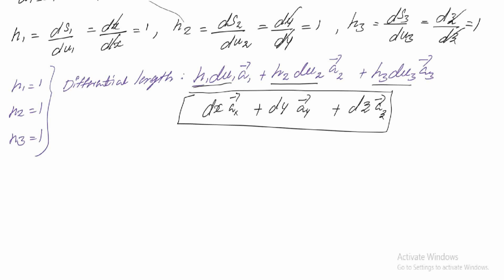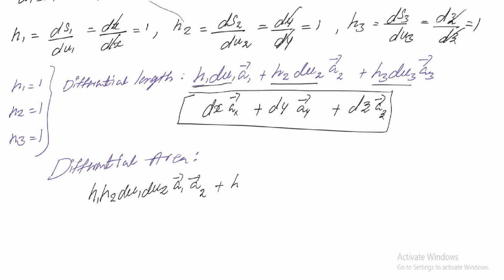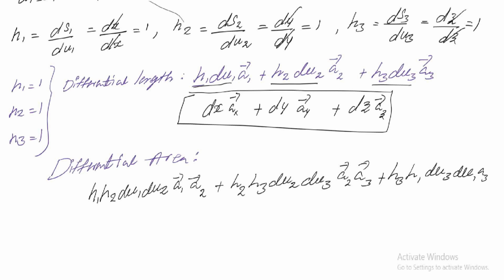Similarly, the differential area vector is equal to h1 h2 du1 du2 a1 a2 plus h2 h3 du2 du3 a2 a3 plus h3 h1 du3 du1 a3 a1.